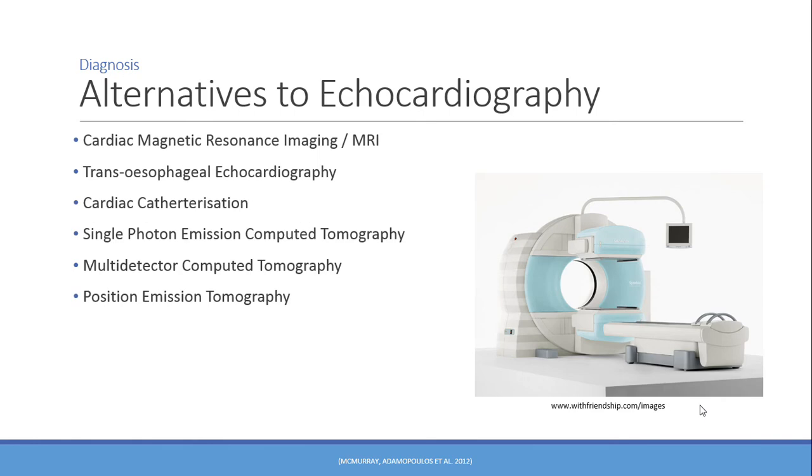If echocardiography is unavailable, or if results from an echocardiography are insufficient, which may be the case in patients who are obese or have chronic lung disease, cardiac magnetic resonance imaging, or MRI, can be used. There are a number of other imaging methods available, such as transesophageal echocardiography, which may be more suitable in patients with valvular disease. Other cardiac imaging techniques, such as cardiac catheterization and a range of computer tomographies, may be viable options in the absence of echo, but will subject the patient to radiation.